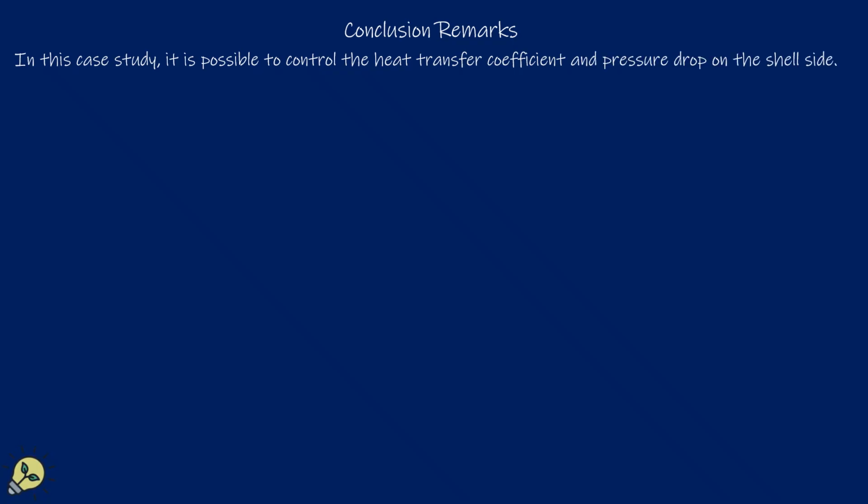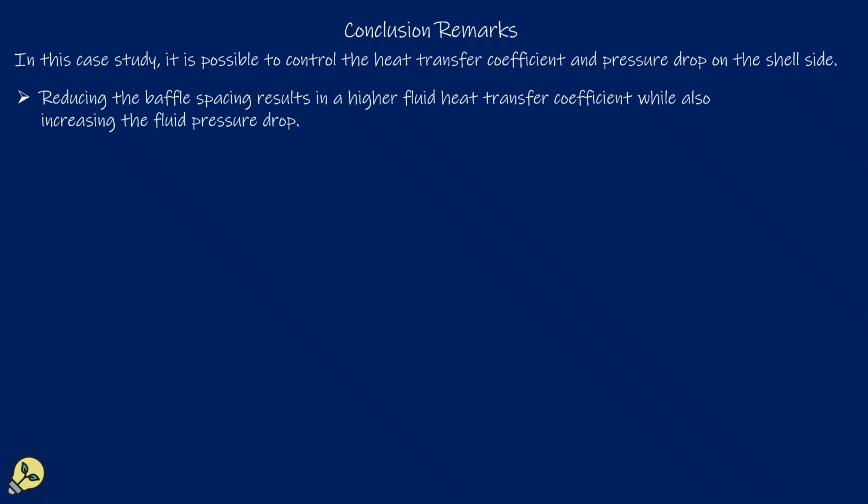Conclusion remarks about our previous case study. We may control the heat transfer coefficient and the pressure drop on the shell side by controlling the distance between baffles. When we reduce the baffle spacing, that will increase the fluid velocity and hence Reynolds number, and finally we may obtain higher heat transfer coefficient, while also that will increase the fluid pressure drop.